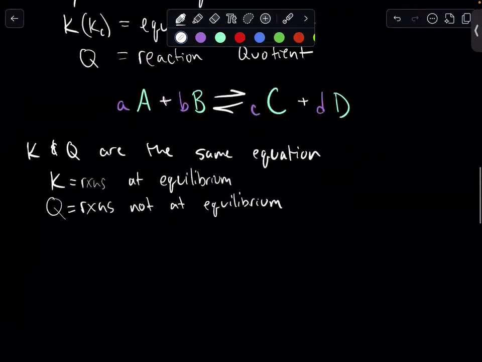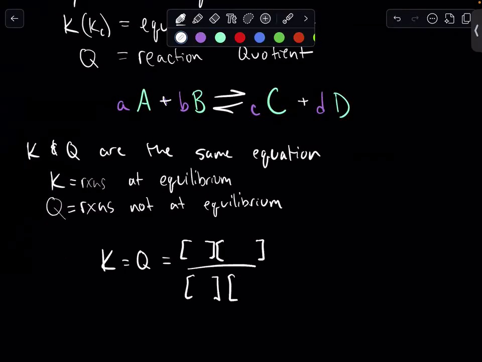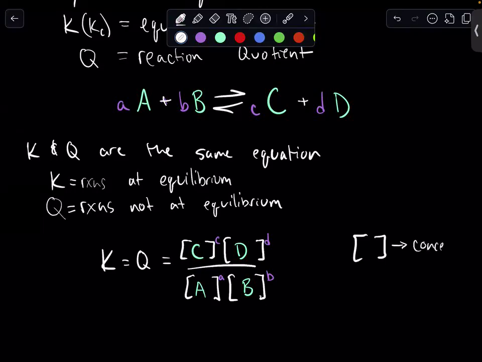However, we use the same equation, so K is equal to Q, which is equal to the concentration of C and D over A and B, each raised to their coefficients. You have to remember that we use square brackets to refer to concentration.